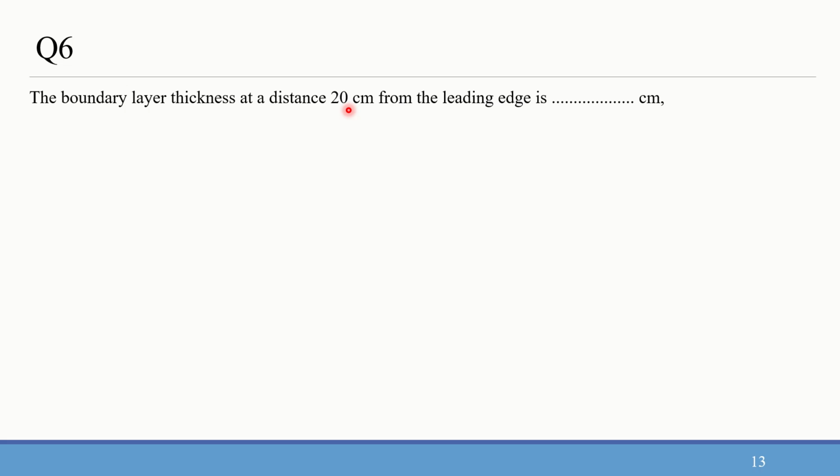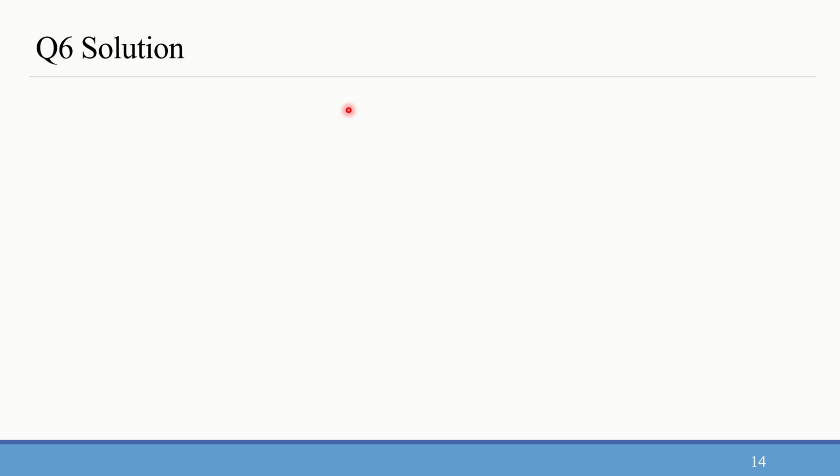Boundary layer thickness is asked. So boundary layer thickness is delta equal to 5x by square root of Reynolds number. So we will directly go there. x is given as 20 centimeter.